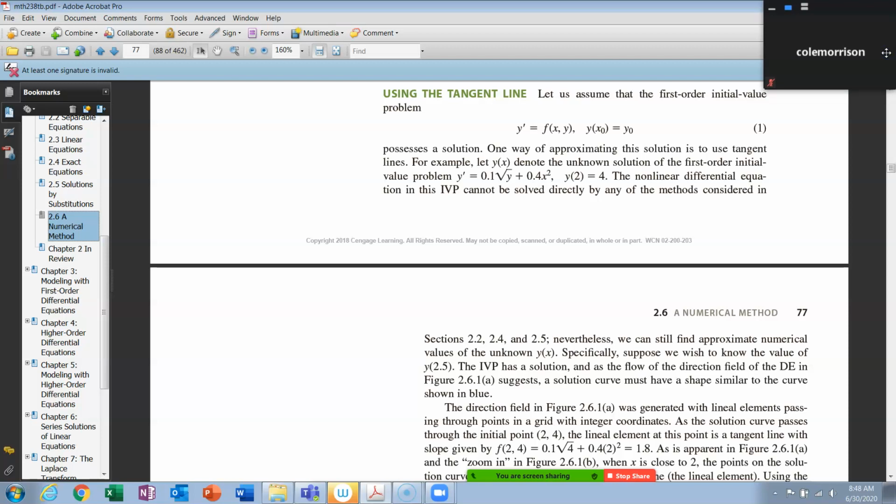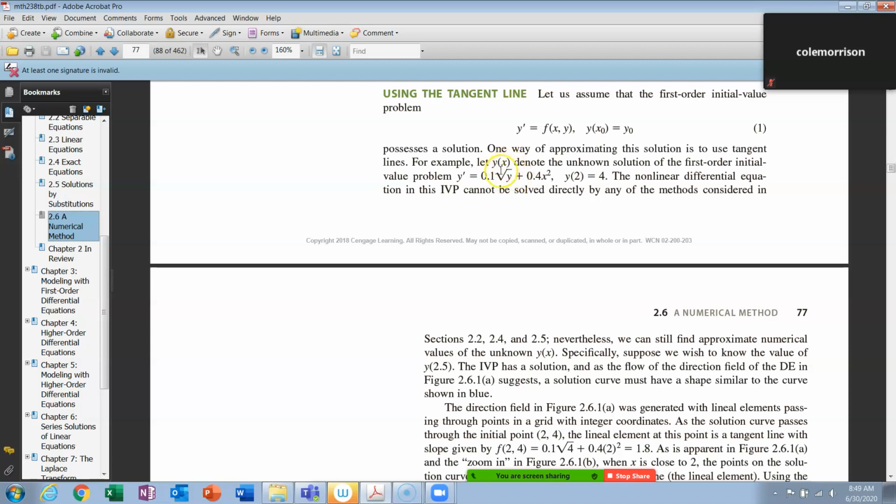We'll assume this does possess a solution. For example, let y of x denote the unknown solution for a first-order differential equation such as this. Now, just looking at that, do you think you can separate the variables? The answer is no, because you've got a plus sign here rather than a times sign. With a times sign, yeah, you'd be able to do it. Linear, definitely not.